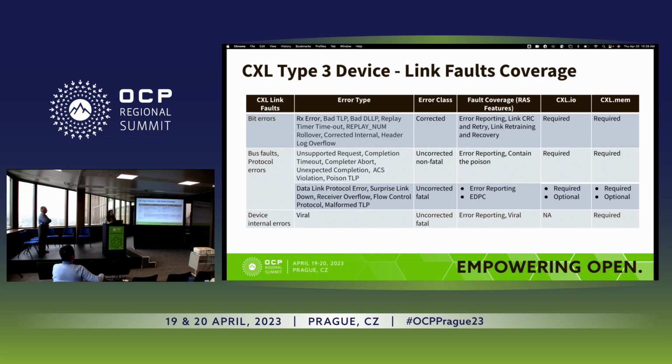The spec has defined viral. We use this viral mechanism to identify device level internal fatal errors, mainly for CXL.mem. On the host CPU side, viral handling can be done at the platform level, and on the device side, viral handling can be done at the firmware level.